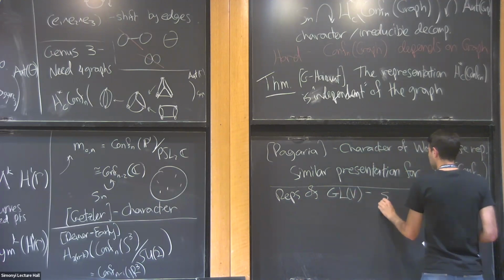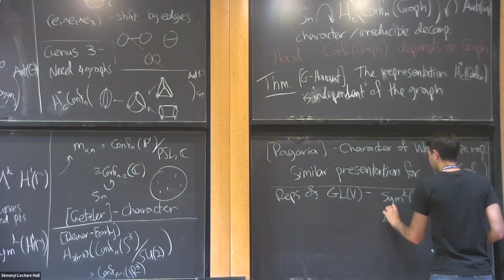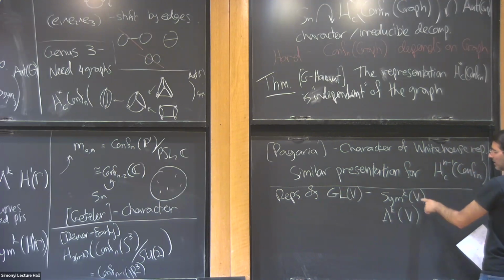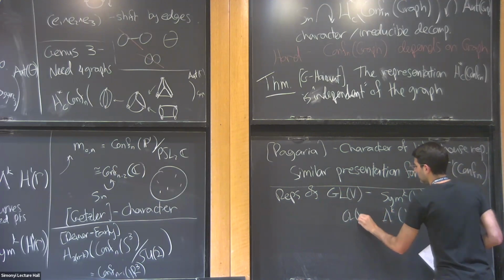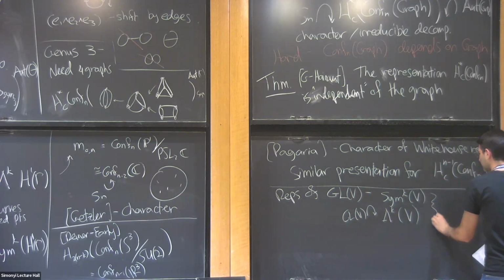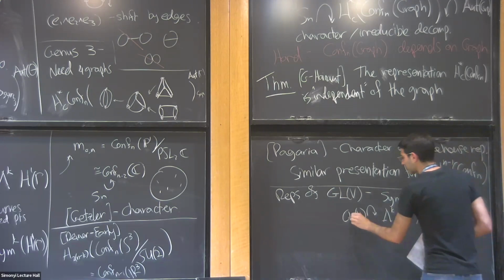So Sym k of d and wedge k of d are two representations of GL_d. But they're just two of a large family of operations called the Schur functor. And there's one for every partition.